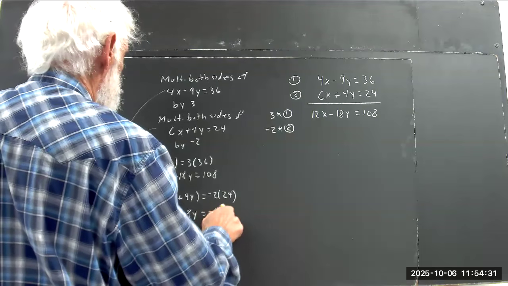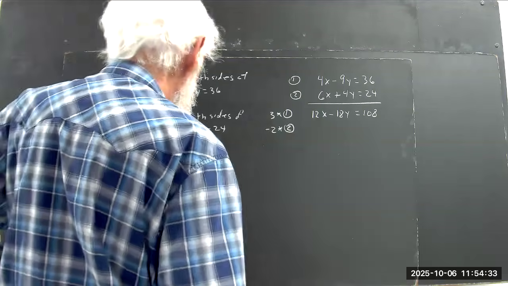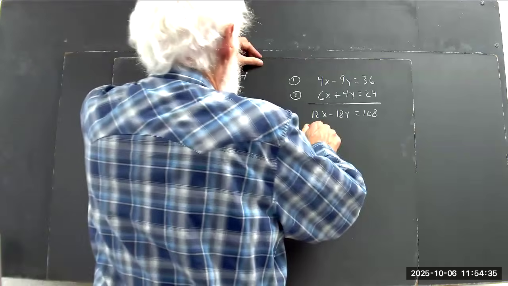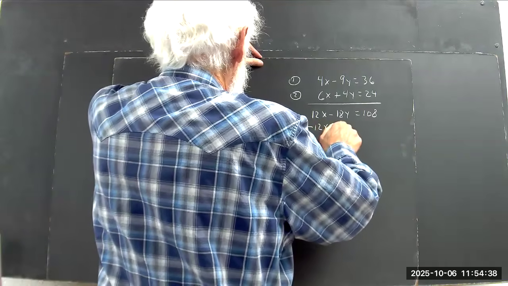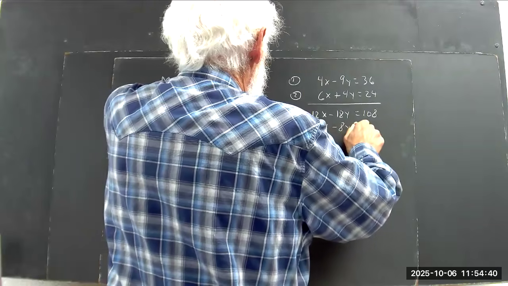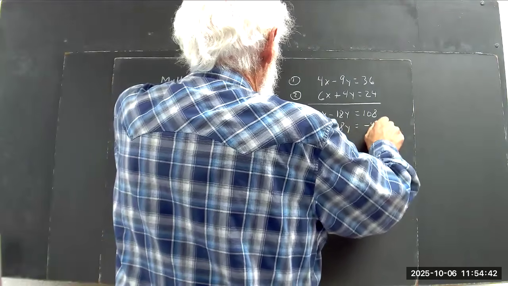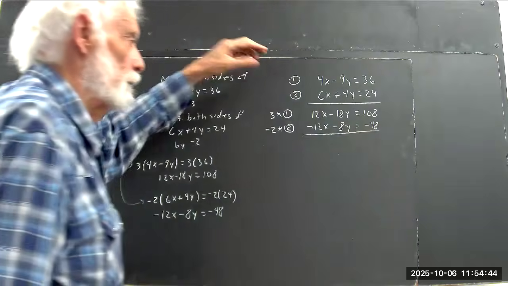And -2 times 24 is -48. So we get, and there are 2 equations.